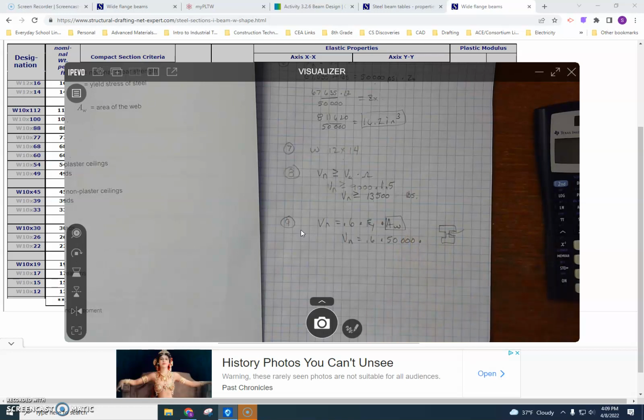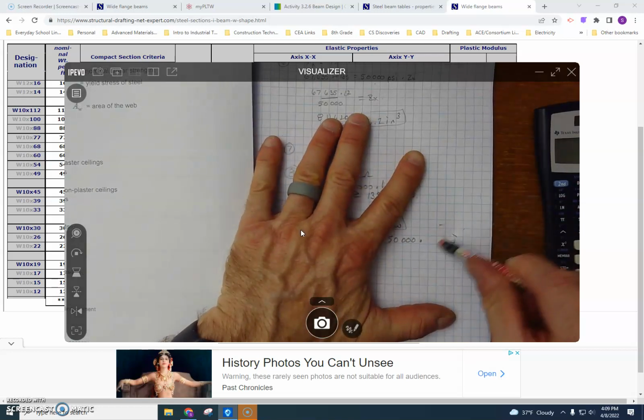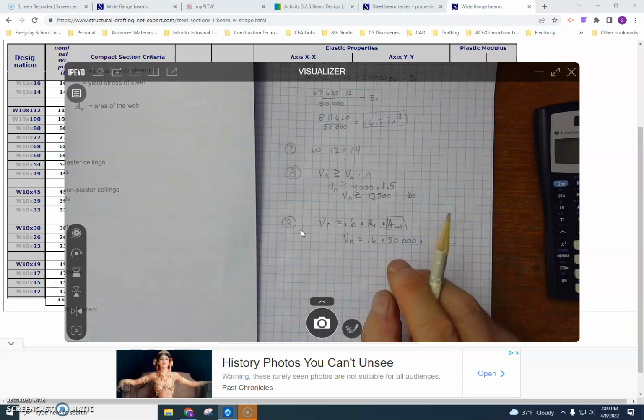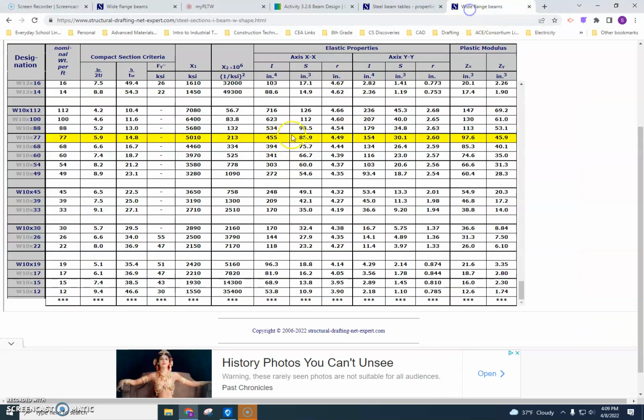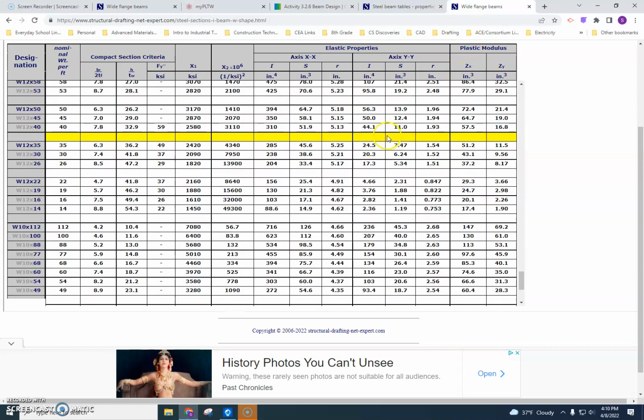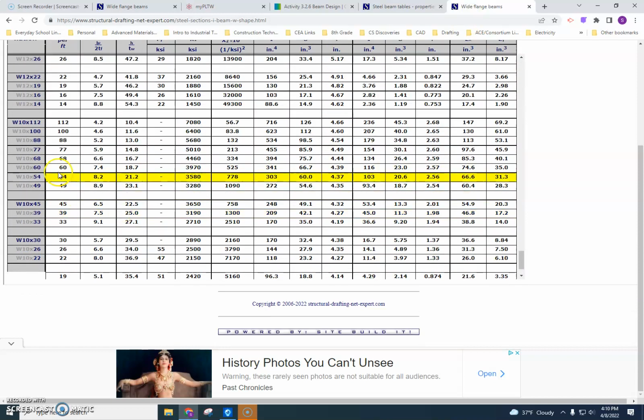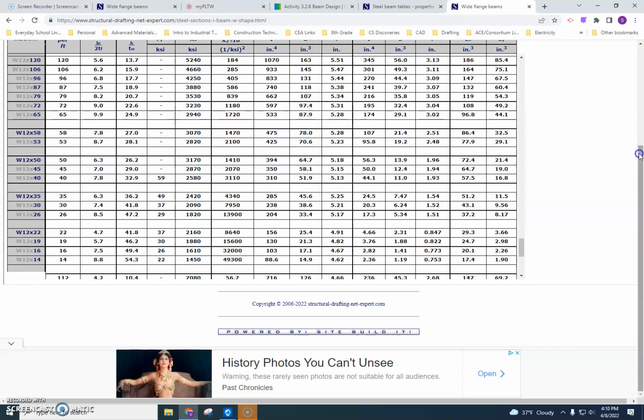So what we do is, and you can get those numbers, I'm going to erase this because it's in my way, but you can get those numbers off of your trusty chart here. So when I come here, say I had a W12x14.